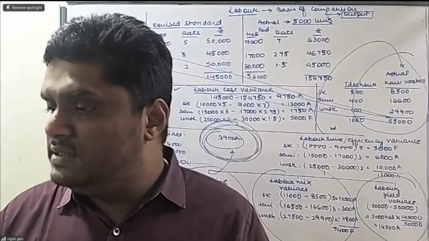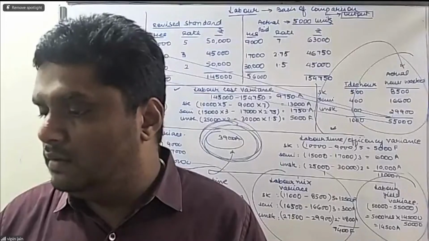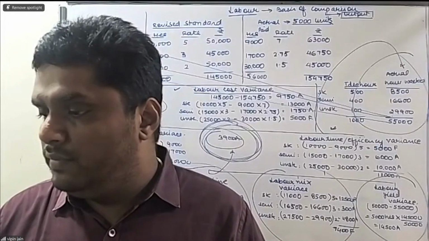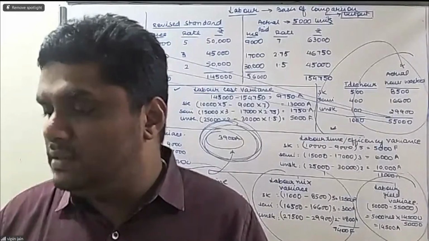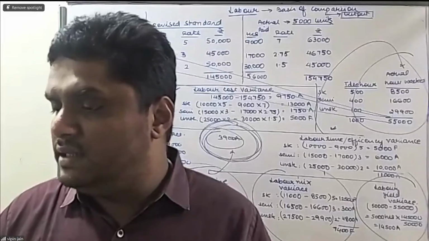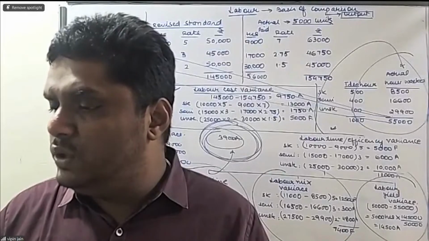Yes, Dilip, correct answer. Your answer was correct. You tell me the correct answer, Srinivas. I do expect a correct answer. Giving you last 2 minutes time. 8,500 adverse is also incorrect.